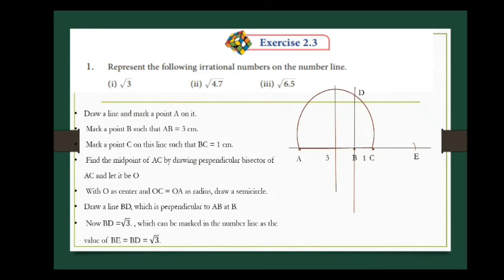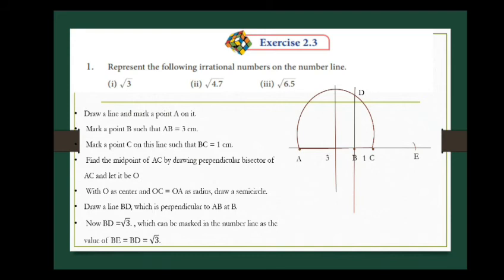Understood? What we have to do? First we have to draw a line and mark a point A. If we want to find the value of root 3, we have to take 3 centimeter and mark a point B. After marking point B, we have to take 1 centimeter and draw BC 1 centimeter. Then we have to draw a perpendicular bisector for AC. That will divide the line AC into 2 equal parts, and we mark the point of intersection as O. After marking that O, that is the midpoint of AC, with OA as radius or OC as radius, we have to draw a semicircle.